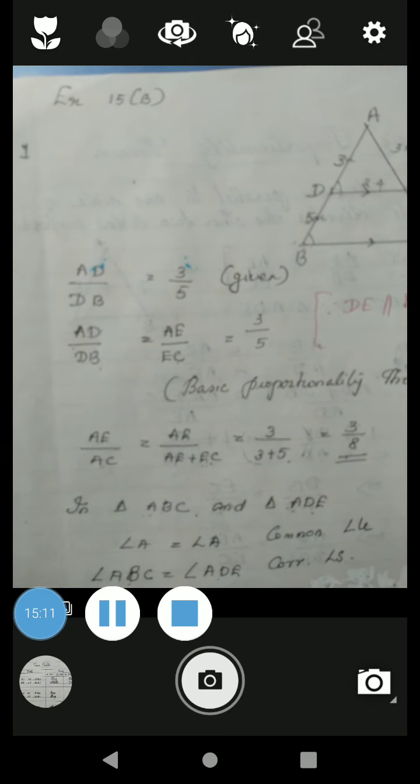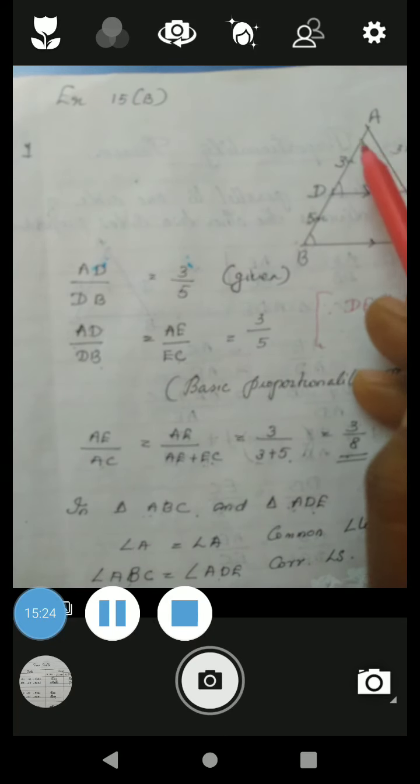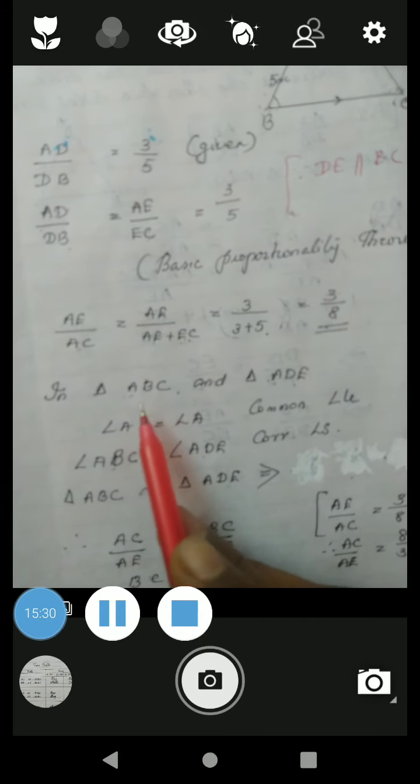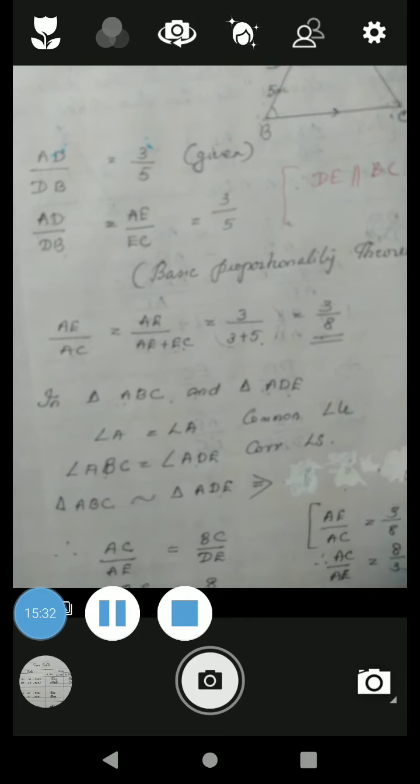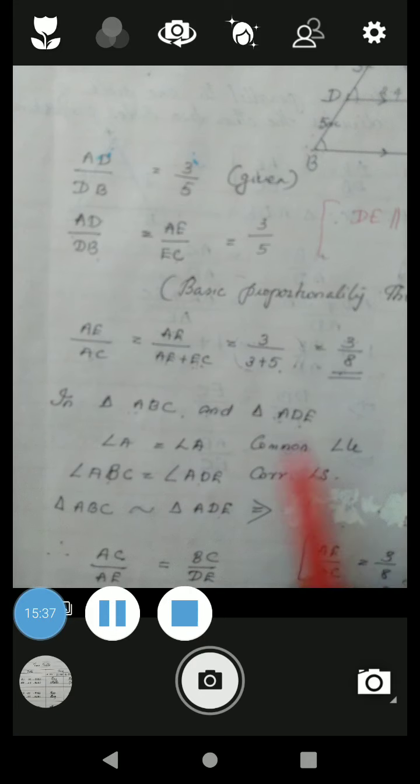Next, if DE is equal to 2.4, find the length of BC. DE is 2.4, find BC. For finding BC, first you have to prove ADE and ABC are similar. You can prove it very easily using a postulate. Many times I told you the same type of question.